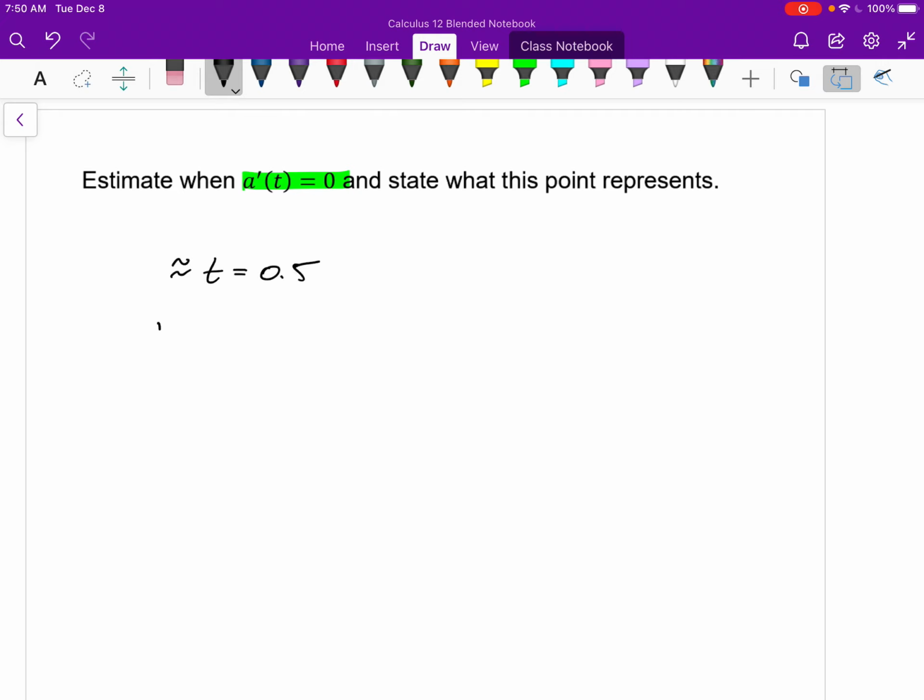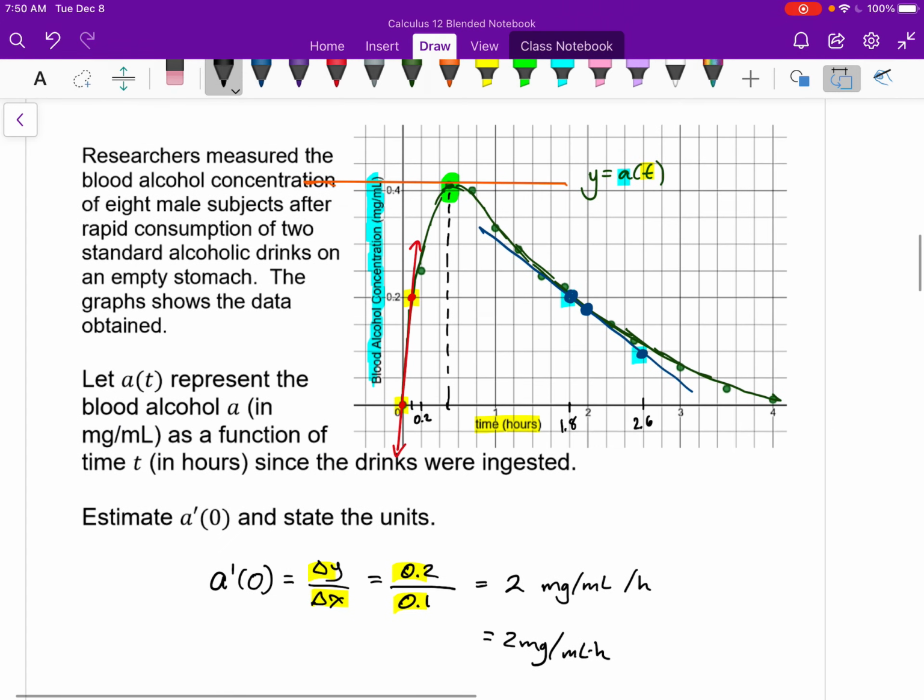So what does that represent? Well, this represents after 30 minutes when your blood alcohol level peaks, when the blood alcohol level is at its highest. It's when it changes from the blood alcohol level going up to going down, and this idea of where the derivative equals 0 is usually a very important point for any function.